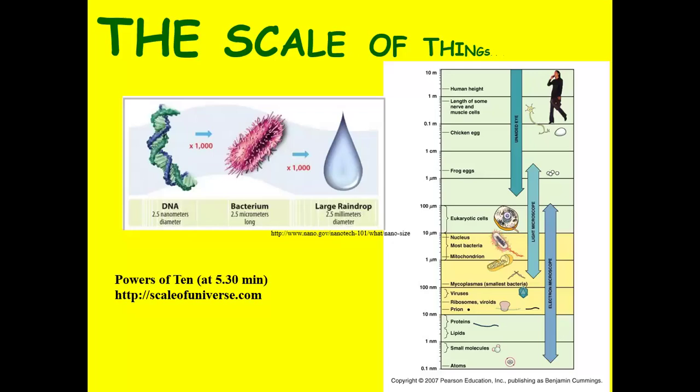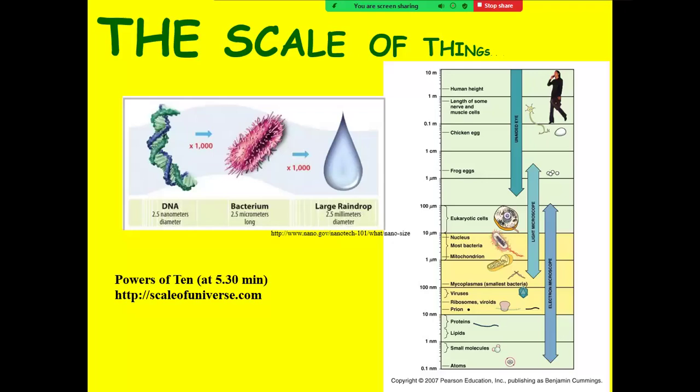Viruses, which isn't exactly true, but most viruses you cannot see with a light microscope. There are the very largest viruses that you could actually see with a light microscope. We'll talk about viruses much later in the term, but most viruses you cannot see with a light microscope. To see a virus, at least most viruses, you would need to use an electron microscope.